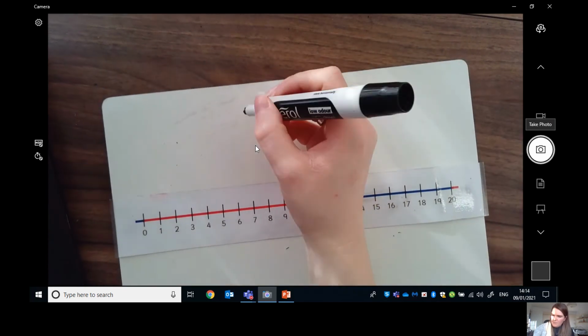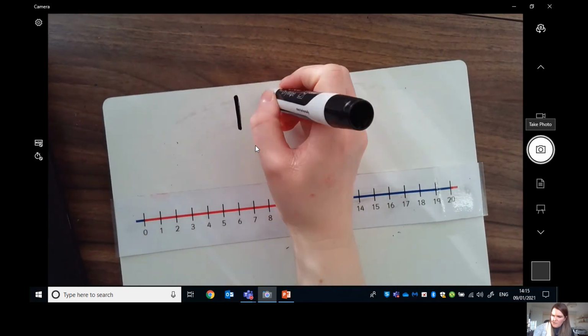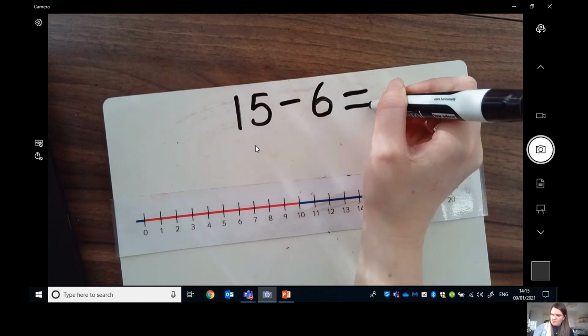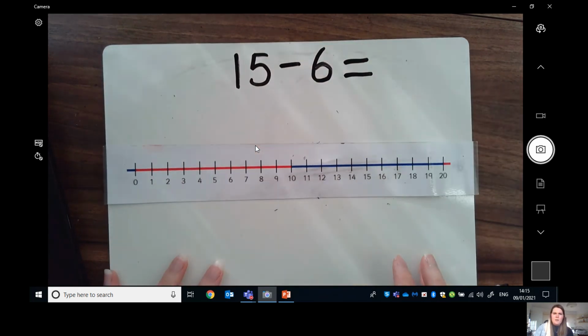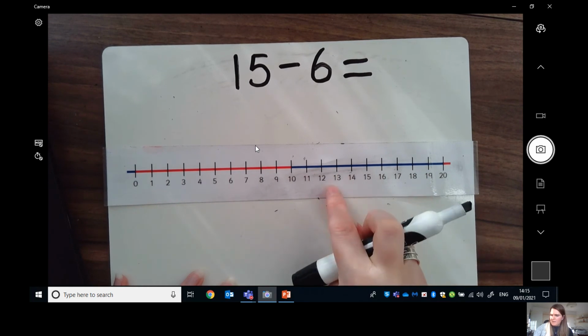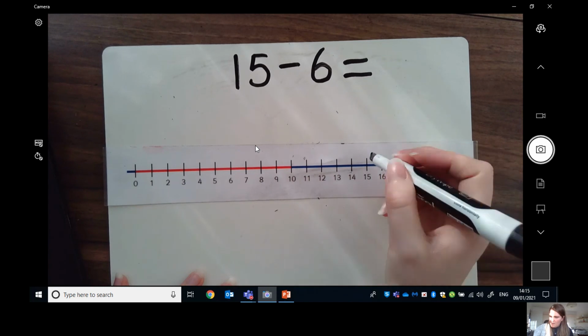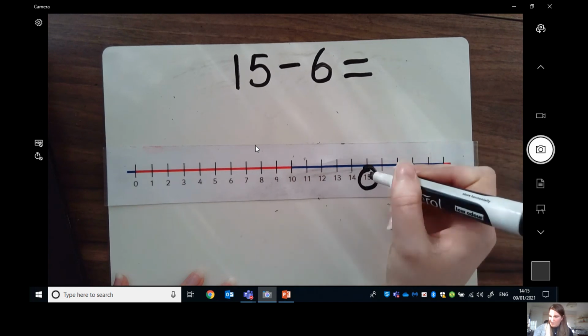So I'm writing 15 minus 6. Okay. Written my sum. I need to find the number 15. Where is the number 15 on my line? It's closer to 20. Let's see if I can find it. Oh, there it is. So I'm going to circle the number 15.